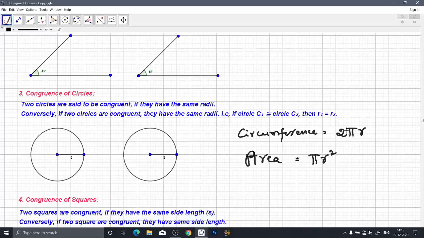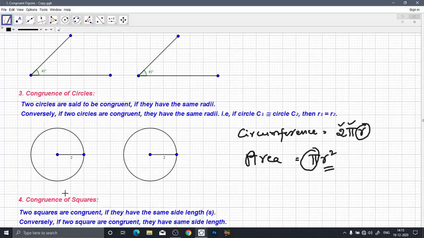Here this 2 and pi are the constant terms only. The radius only is the variable term. In the area formula also, pi is the only constant term, and r is the radius, which is variable. We can change this radius. So we observe in both formulas the radius is the only variable term.